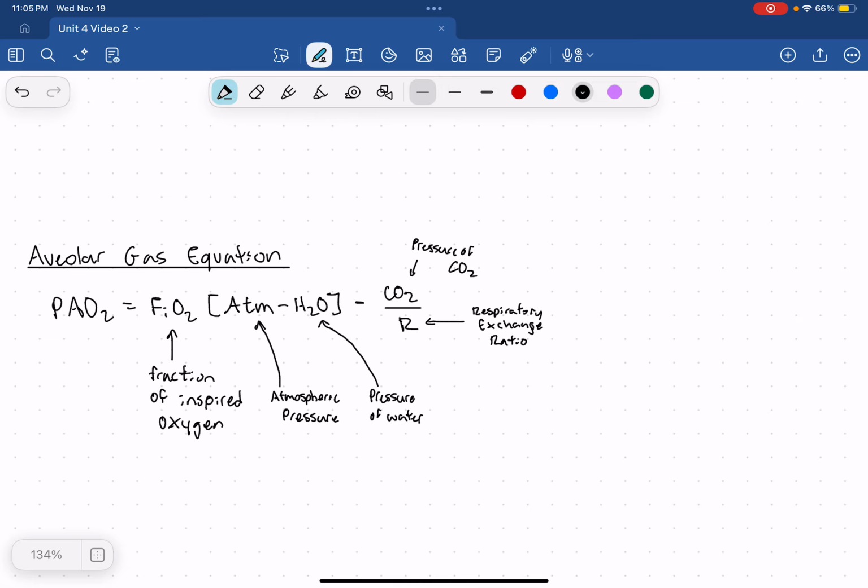But typically you calculate R if you have a balanced equation of CO2 and O2 gas being exchanged. You just take the balanced equation, the mole fractions that are in front of those two values, and you divide them to figure out your respiratory quotient.